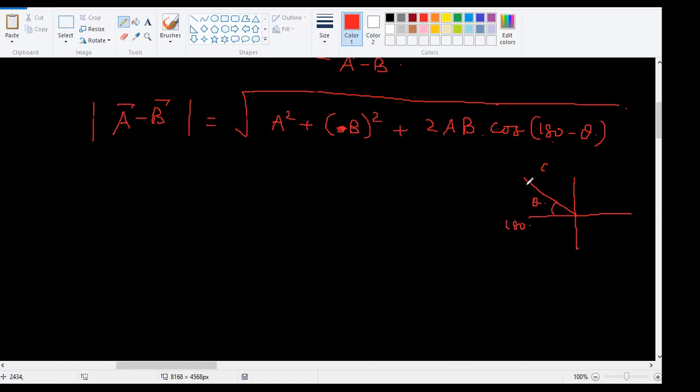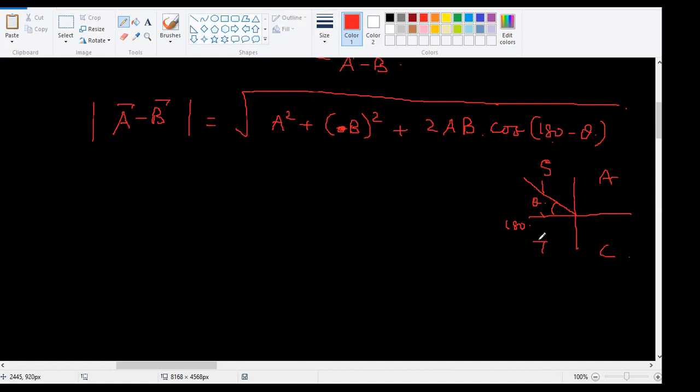So 180 minus theta means you can assume that it is the second quadrant. So, all silver teacups. All angles: sine, tan, cos.